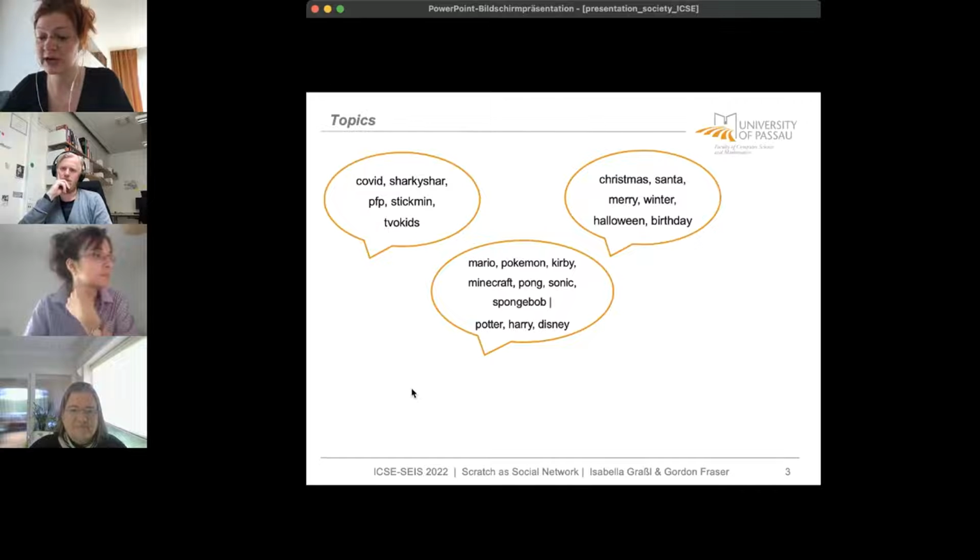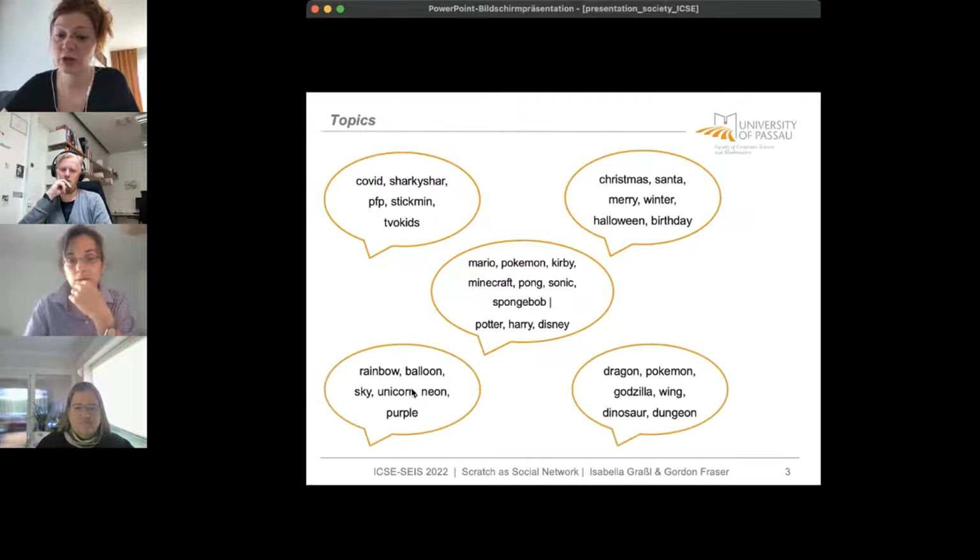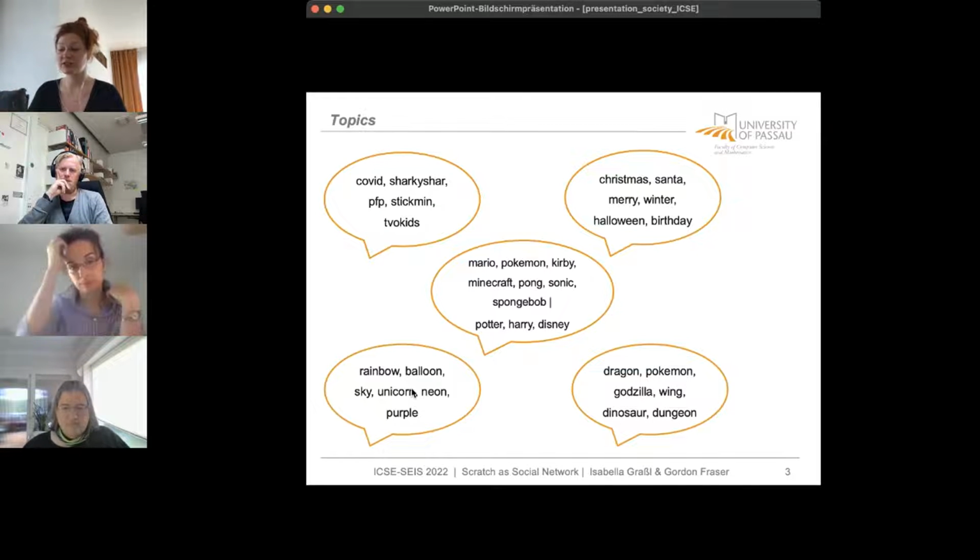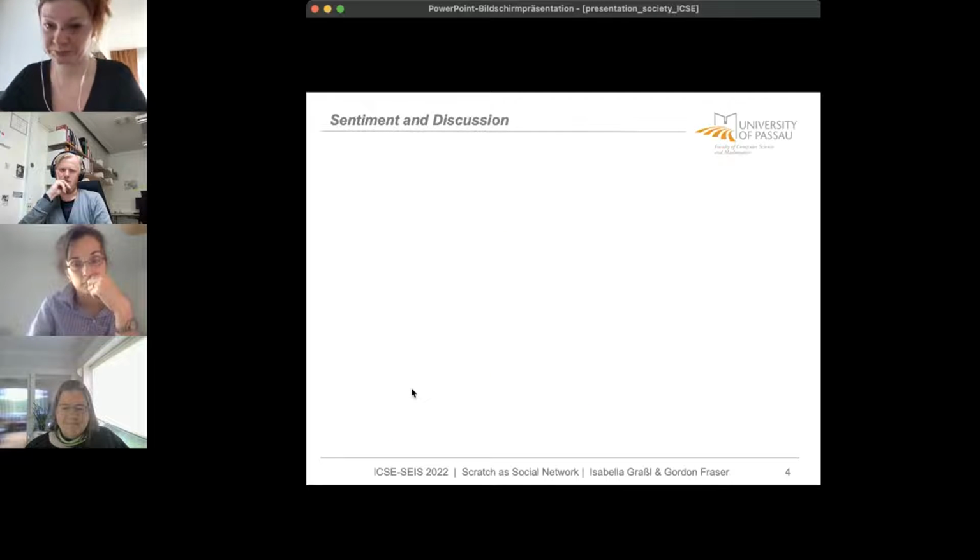You can also see Harry Potter and Disney. And this implies that children transfer their favorite free time activities to a programming setting. We also identified some really abstract worlds, such as rather gloomy fantasy worlds with dragons and Godzilla in them, and also some more shiny worlds with unicorns in them.